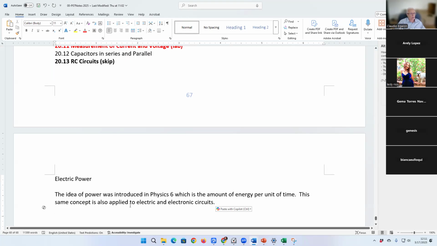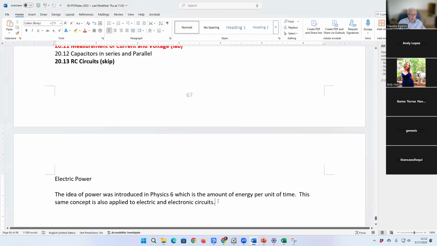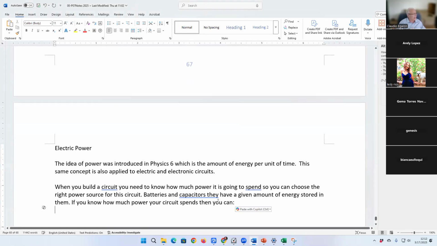This same concept is also applied to electric and electronic circuits. So why do we need that? If you're building an electric circuit or an electronic circuit, you have to know how much power is going to be spent so you can design your source to provide at least that amount of power.